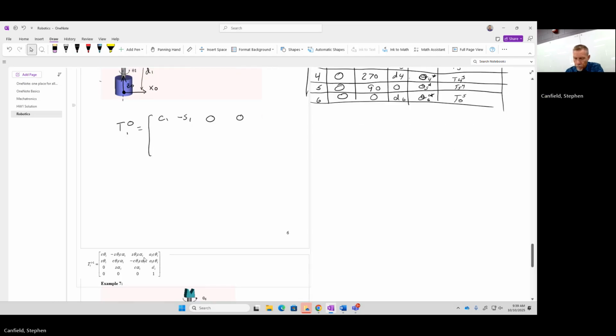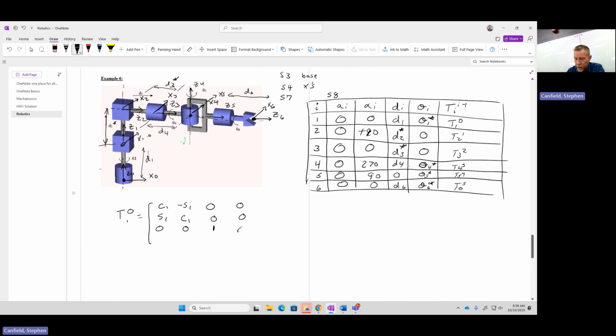Second row, I get sine theta 1, cosine theta 1 times cosine of 0, which is 1. Negative cosine theta 1 times sine of 0, that's 0. And then A1, which is 0, times sine theta 1. Third row is 0, sine of alpha is 0, cosine of alpha is 1. And then I get D1, which exists, so I can put a D1, and then 0, 0, 0, 1. Okay, that's my T1,0.